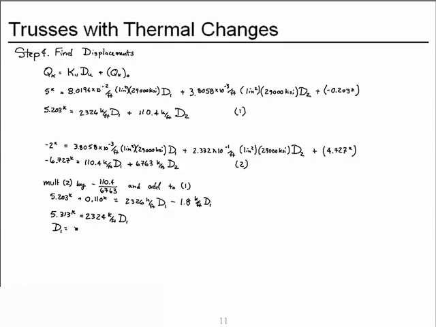d1 is 2.286 times 10 to the minus 3 feet. Now I take this quantity and substitute it into equation 1.